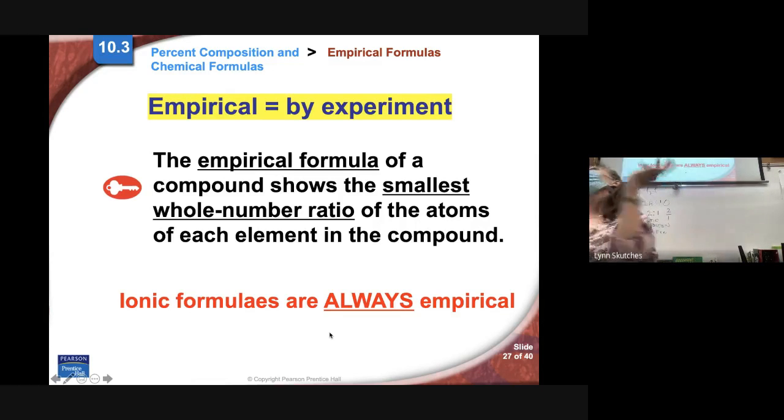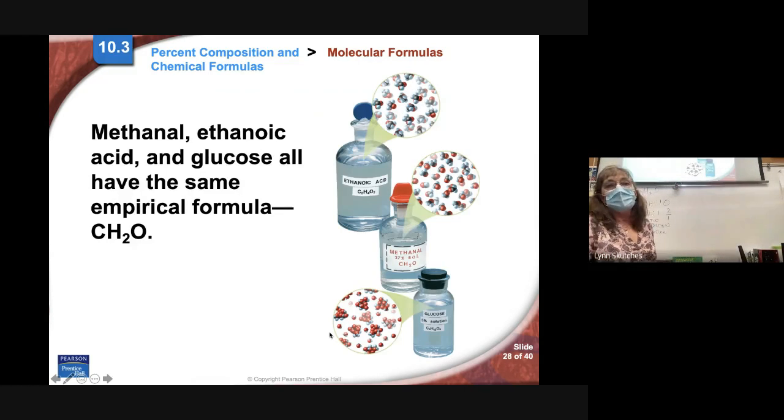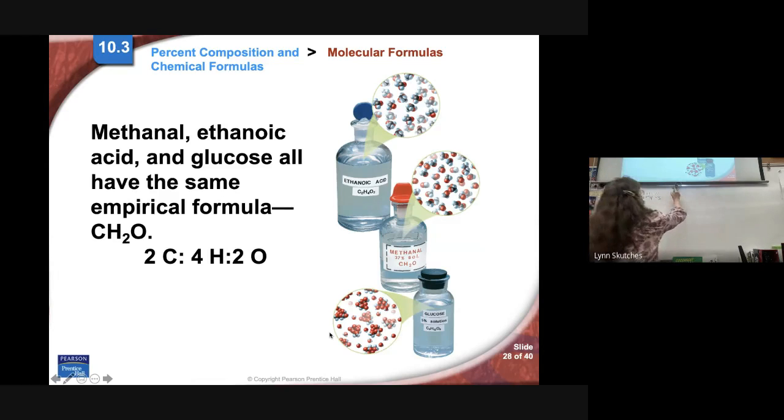Unfortunately, there are some crazy molecular compounds, especially in organic chemistry. These are 3 examples. There's more than 3, but these are 3 that we're going to look at that have only carbon, hydrogen, and oxygen. There's something called ethanoic acid, C2H4O2, 2 carbons, 4 hydrogens, 2 oxygens.